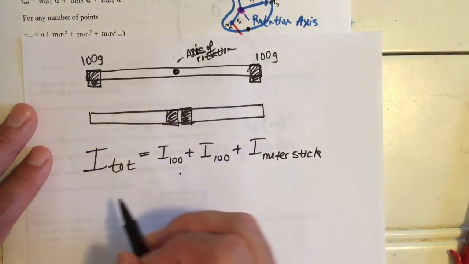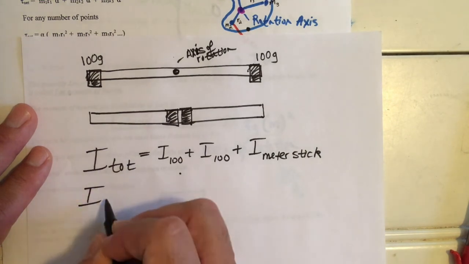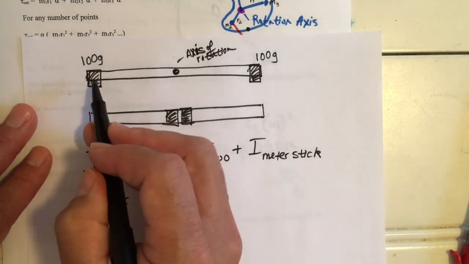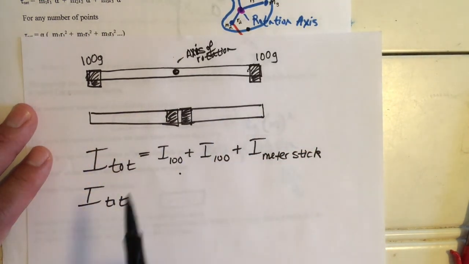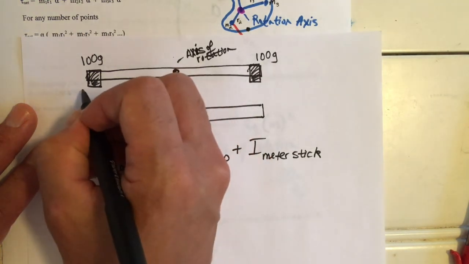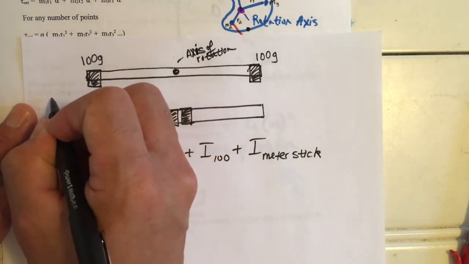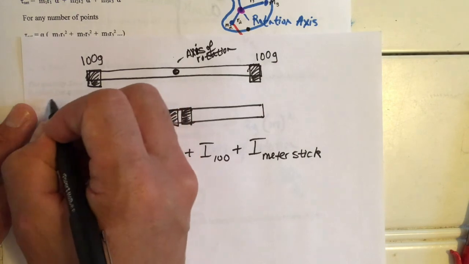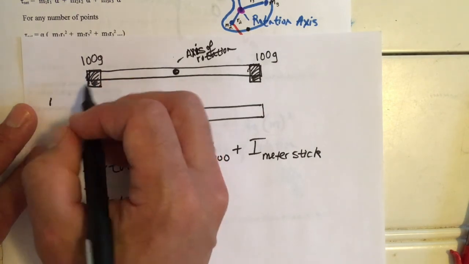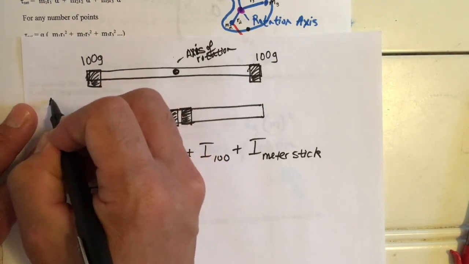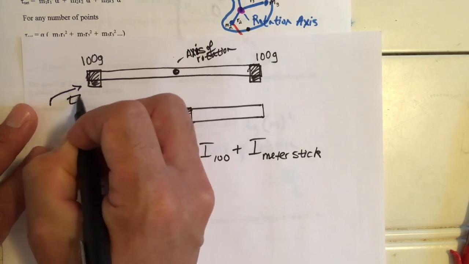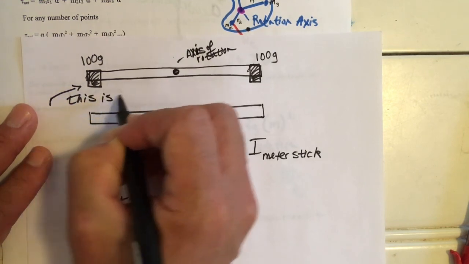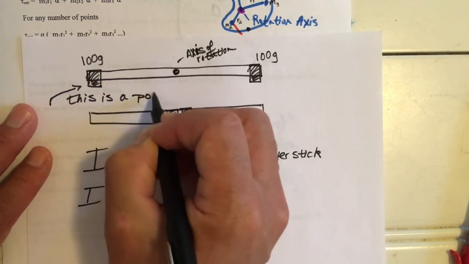And it wouldn't be that bad, because for I total, we can think of these masses as being point masses, right? So I'll just put an arrow here and say this is a point mass.